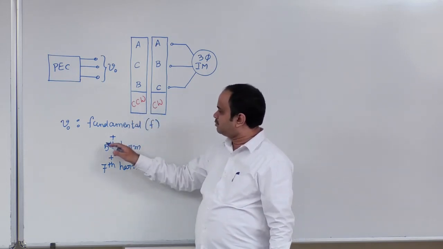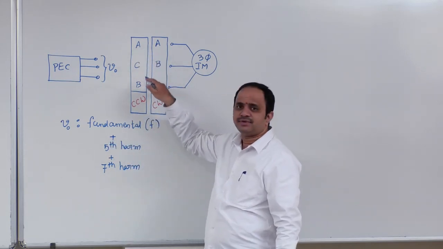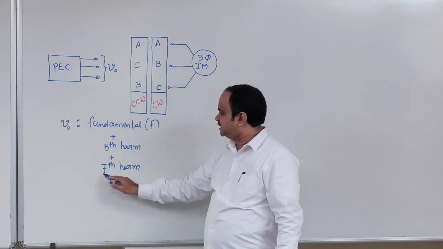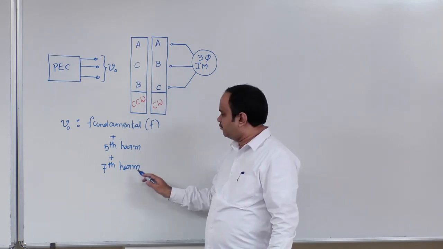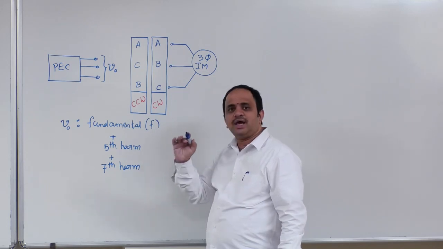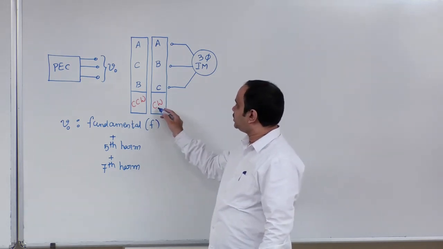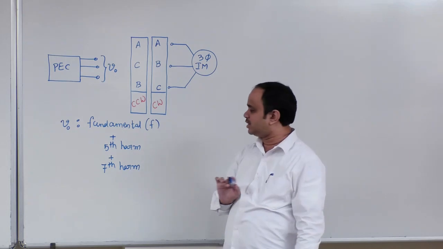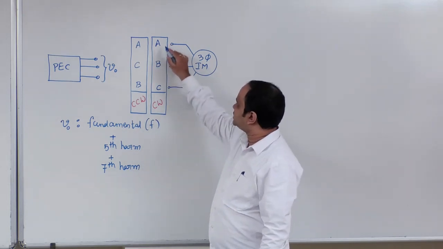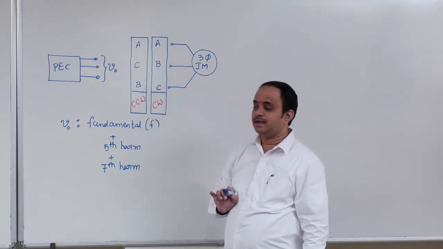Why? Because the fifth harmonic component has a phase sequence of ACB. Next, the seventh harmonic component will produce an air gap field component which will rotate in the clockwise direction, because the seventh harmonic component phase sequence is ABC.